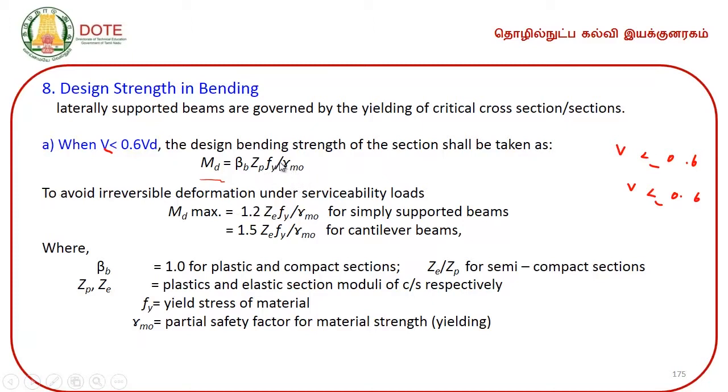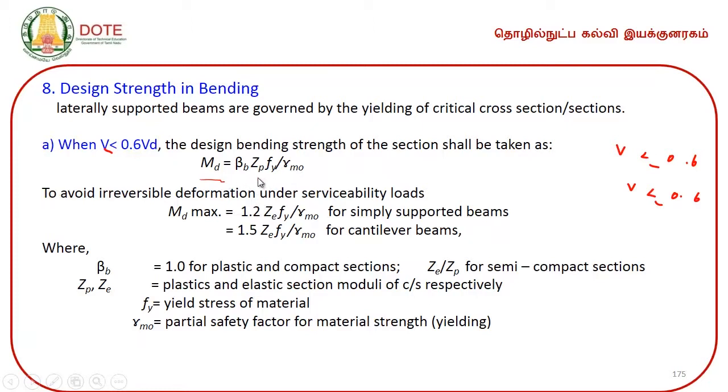So, these two are the mechanical properties of the material, and Zp is the geometrical property, and βb is a factor multiplied with the geometrical property, which is 1 for plastic and compact sections, and otherwise it is the ratio between the elastic section modulus and the plastic section modulus.